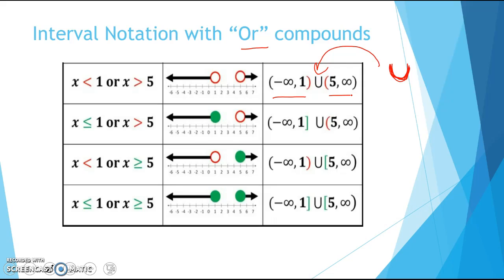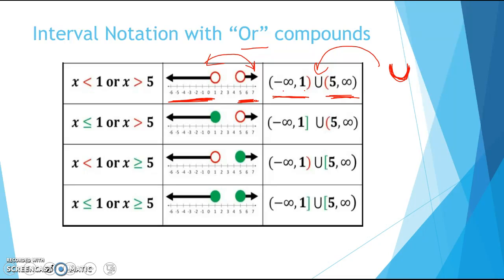For example, if I'm less than 1 or greater than 5, then I would start at negative infinity and go to 1. That would include this simple inequality here. But then this simple inequality here would start at 5 and go to infinity. Now, the U means union of those two sets, meaning the solution would be these two graphs combined, so it could be either in this simple inequality or in this simple inequality here.